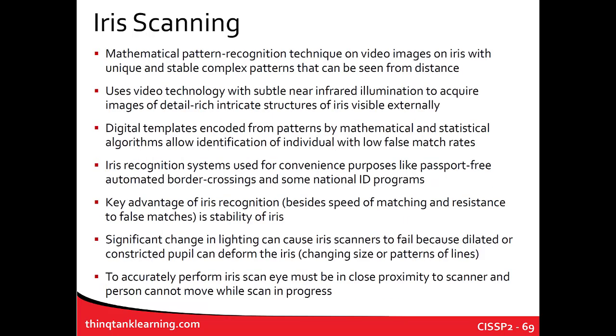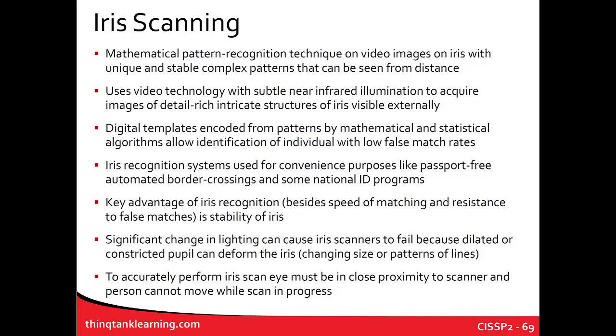All right. Iris scanning, a mathematical pattern recognition technique on video images of the iris, with unique and stable complex patterns that can be seen from a distance. So iris scanning analyzes the texture of the iris, the coloring around the pupil, the visual part of the eye.